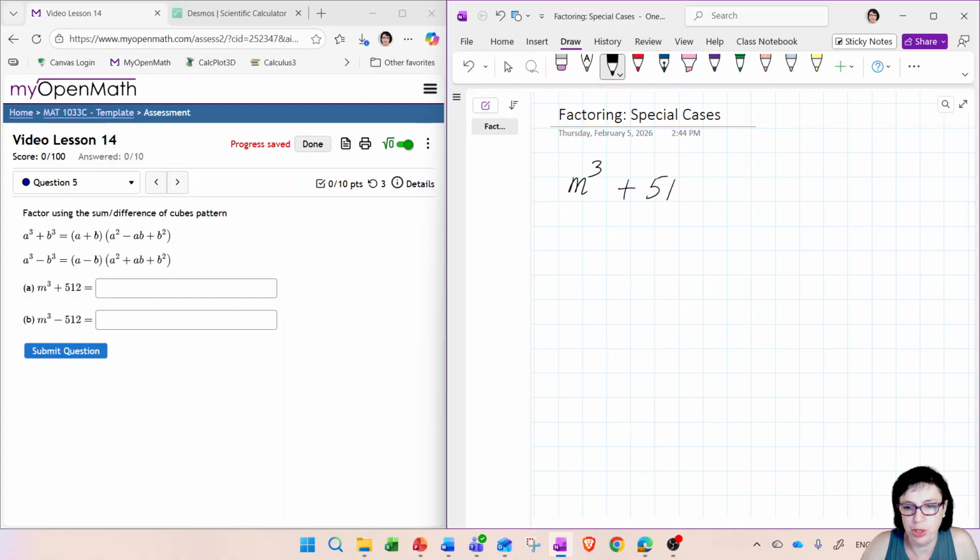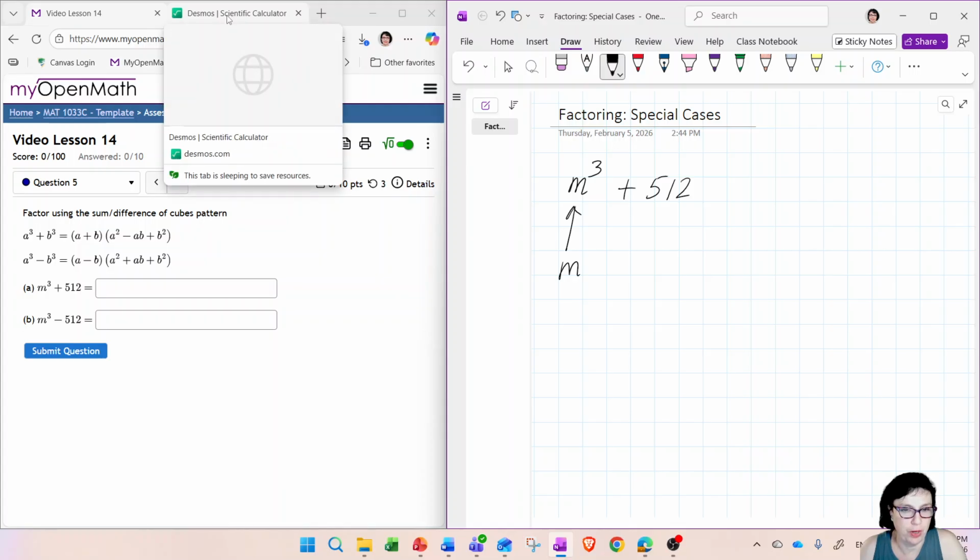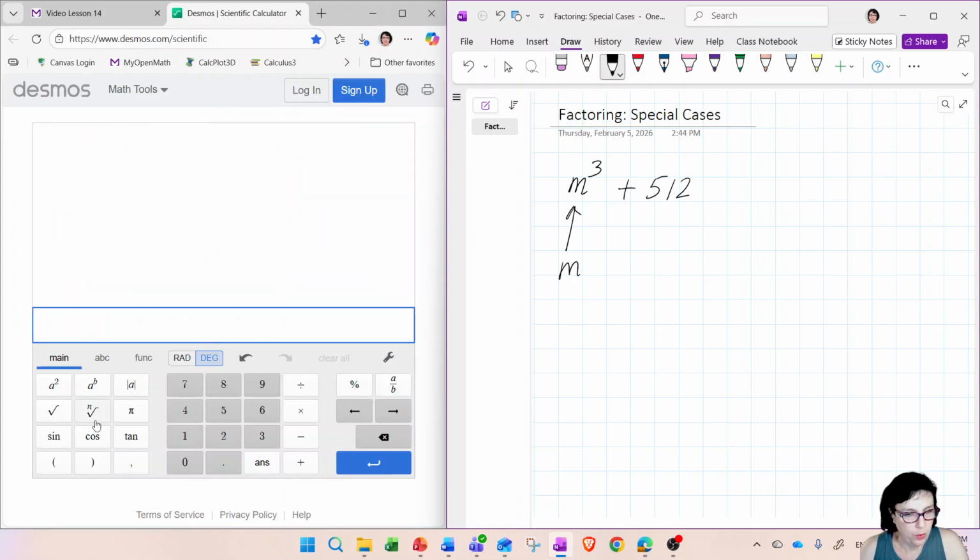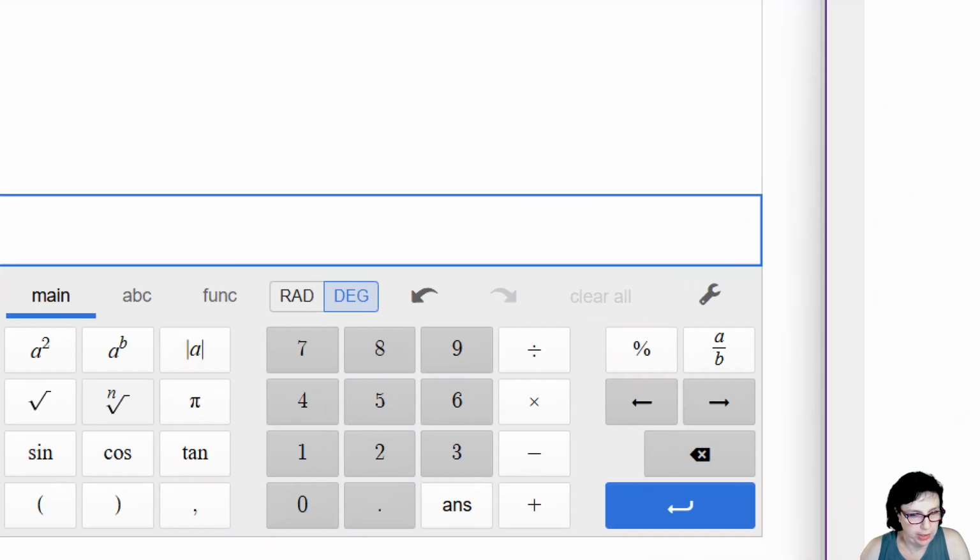The first thing to do is to identify what this first term is a cube of. Well, it's m cubed, so that means it's a cube of m. Okay, so that's pretty easy. What about 512? Well, here you're going to need to use your calculator. Now, in Desmos, you can see that there is something called nth root.